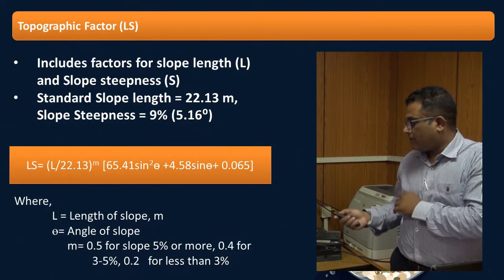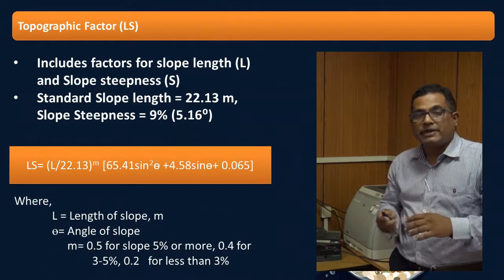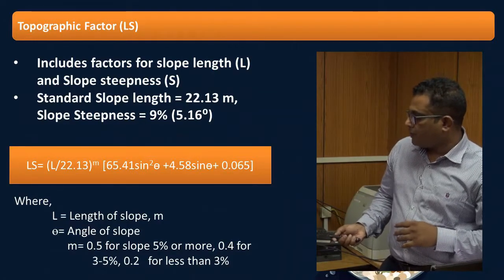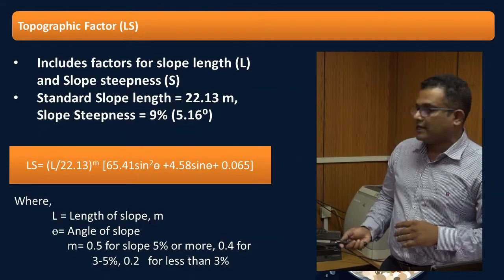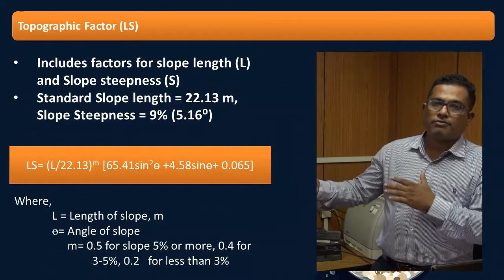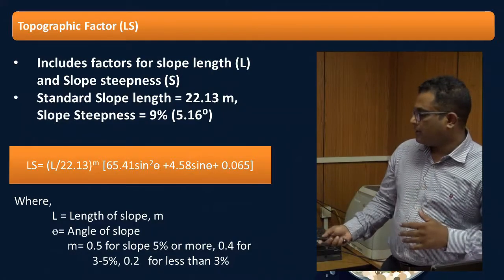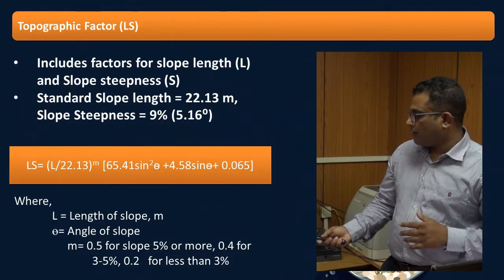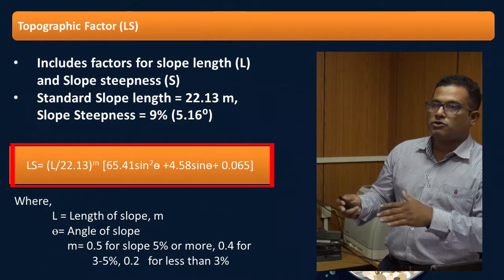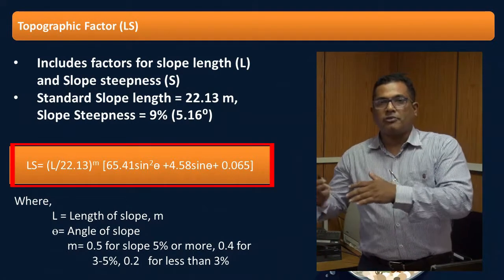And this LS factor is mathematically derived by this formula, where L by 22.13, where L is the length of the slope, we can simulate it for other types of field condition. So this is 22.13, and this L is the length of the slope.